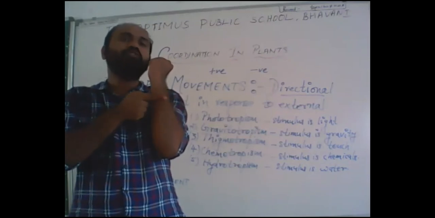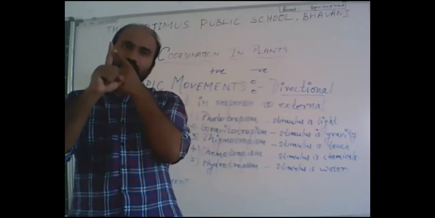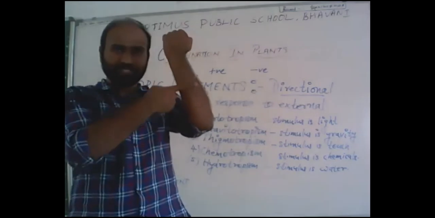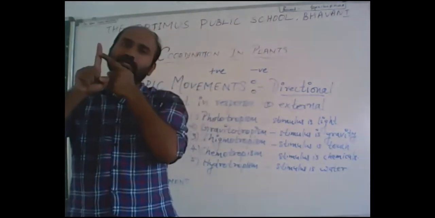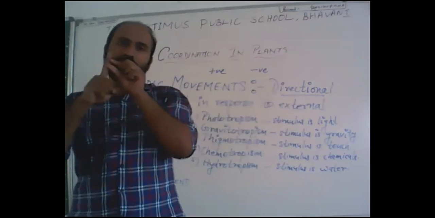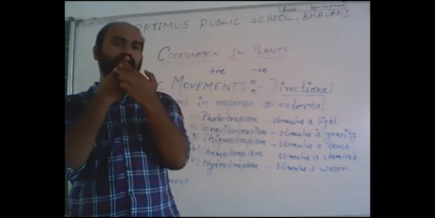Cell growth stops. For example, this is the climber part. This is the part which is in contact with the post or any wood, a stick. So here, cell growth nearly stops. And this part, which is away from the solid part, growth continues.